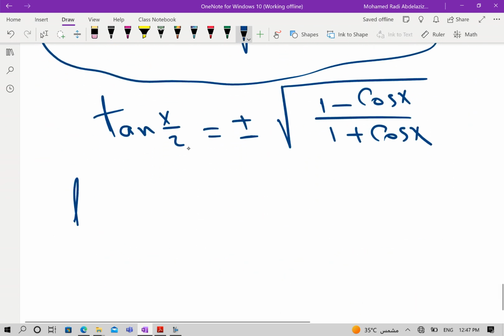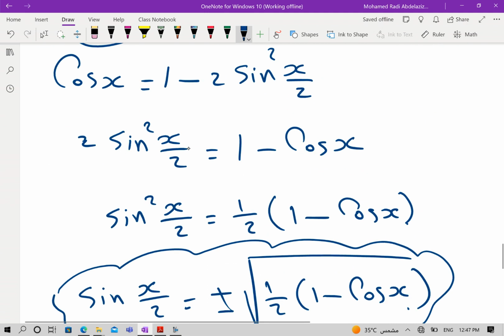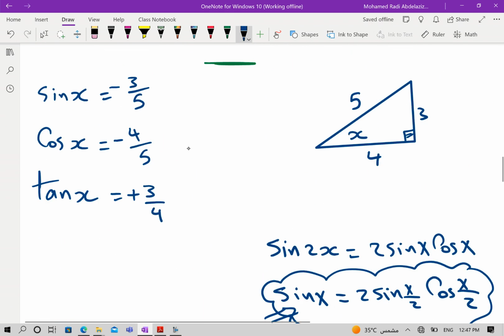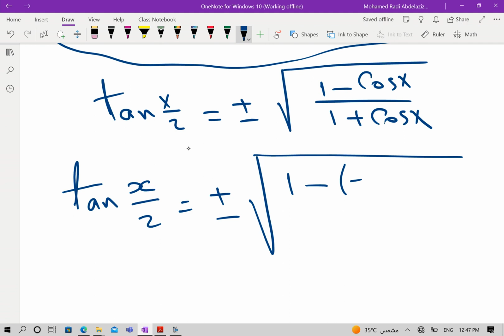If we go back to the question again and try to get tan x over 2, it is positive or negative square root of 1 minus cosine x over 1 plus cosine x. Cosine x is negative 4 over 5. Negative of negative 4 over 5 divided by 1 plus negative 4 over 5.